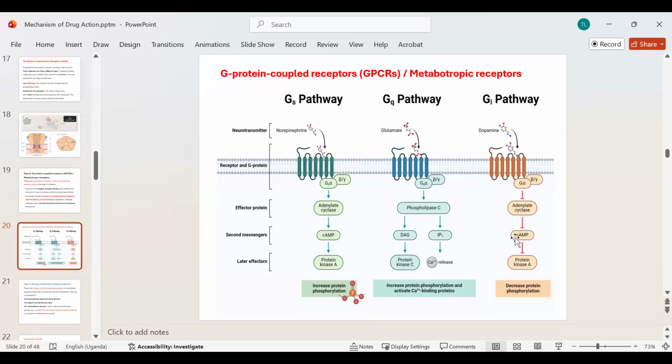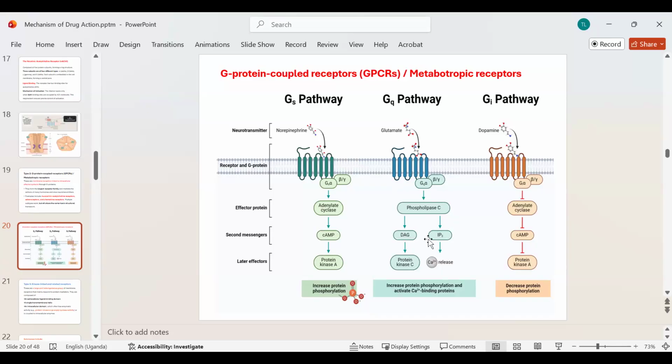Cyclic AMP is cyclic adenosine monophosphate. However, phospholipase C usually leads to other messengers, secondary messengers, like diacylglycerol and IP3. Diacylglycerol and IP3 are for Gq coupled receptors.